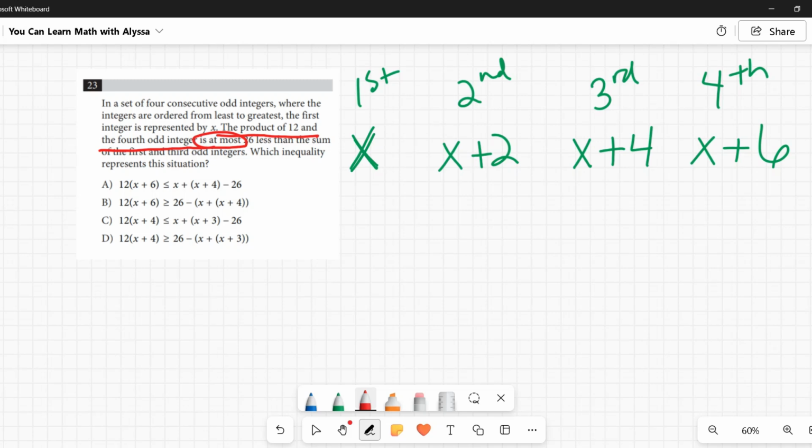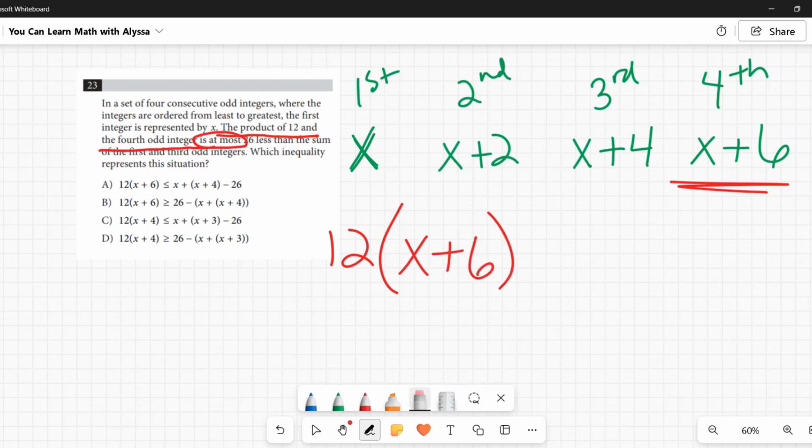So the product of 12 and the fourth odd integer, 12 times the fourth odd integer, is at most. So the most it could be is this other thing we're going to do in a second, but it could be less than that. So this is a less than or equal to. At the most it would be this, but it's probably less than that.